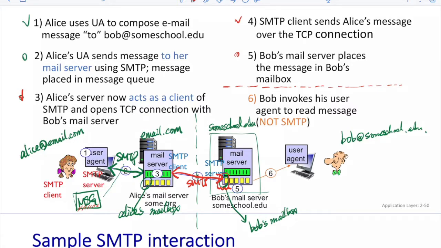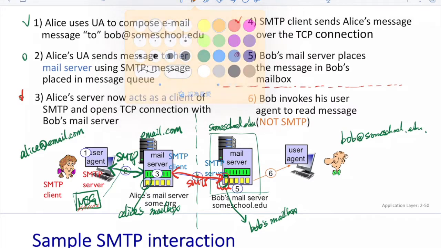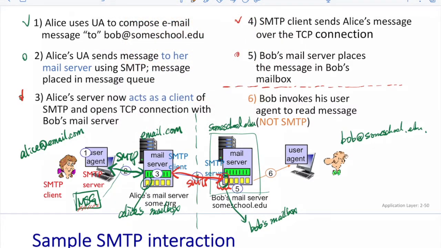After maybe 1 hour later, 2 days later, any time when Bob's agent goes online, they will use another layer 7 application layer protocol to retrieve this mail back to Bob's user agent.